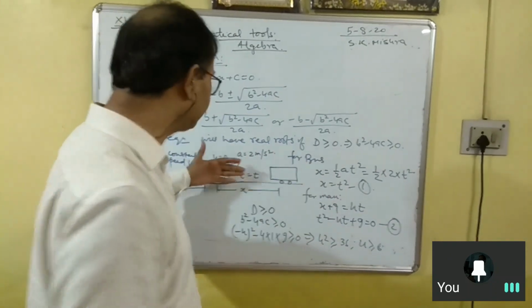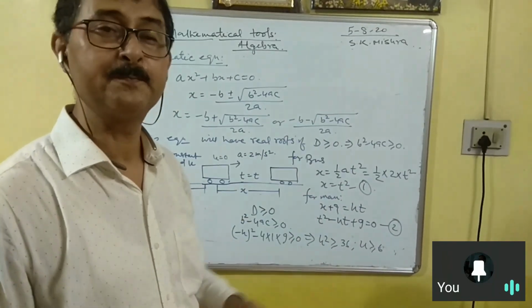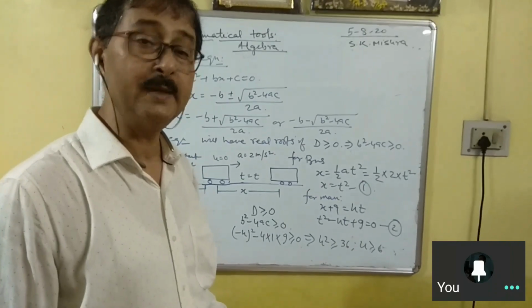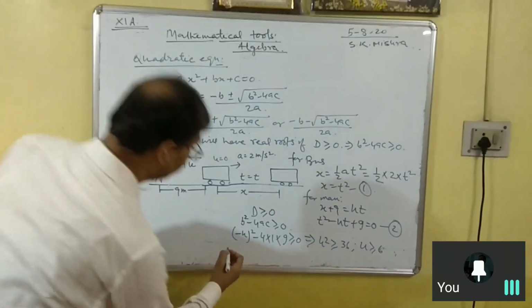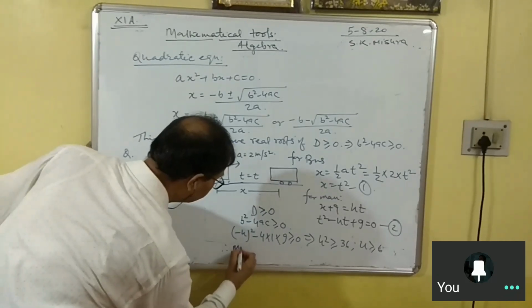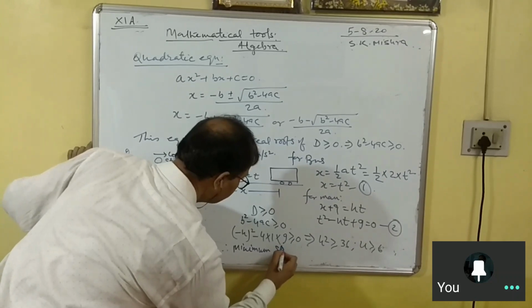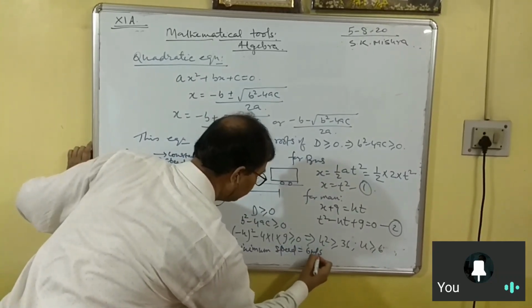The speed of the bus keeps on changing, increasing continuously. So then the person will not catch the bus. So the minimum speed of the person is equal to 6 meters per second.